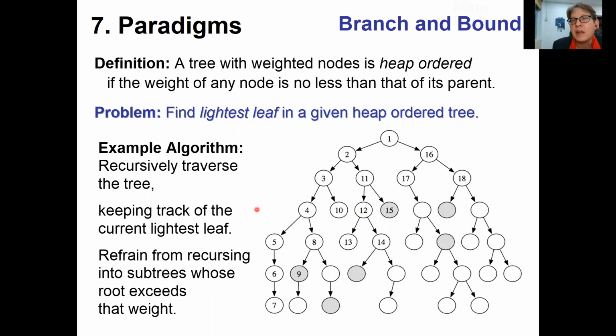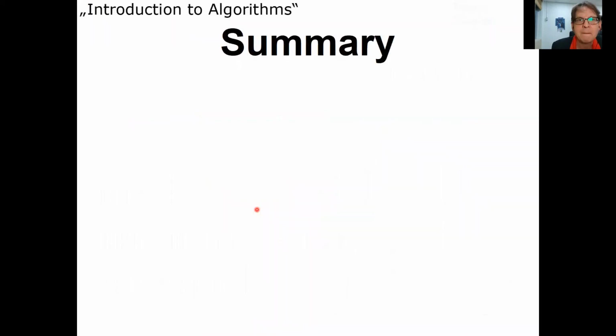Okay, so that's our final paradigm, branch and bound. The branch part is to recursively traverse the tree. The bound part is to cut off, or to refrain from recursing into certain subtrees that are already known to be irrelevant and that are known to not contain a better solution.